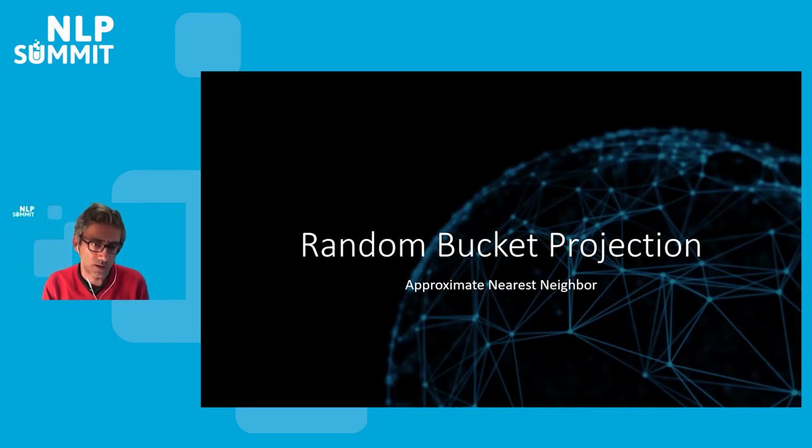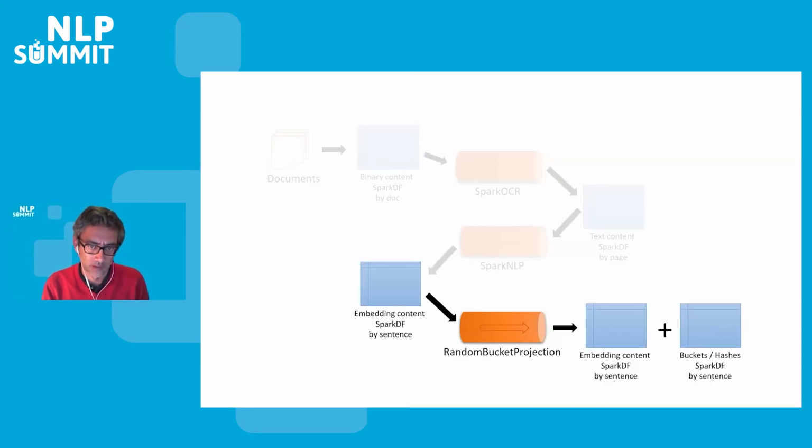This is why we use this random bucket projection. That will give us a way of getting a nearest neighbor, but not an exact nearest neighbor. That could take a lot of time and will scale poorly. But you will get an approximate nearest neighbor that has the characteristic of being very fast and scaling very well. This is what we explain now as the next part of the pipeline, this random bucket projection.